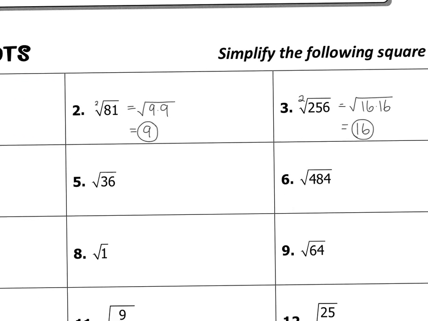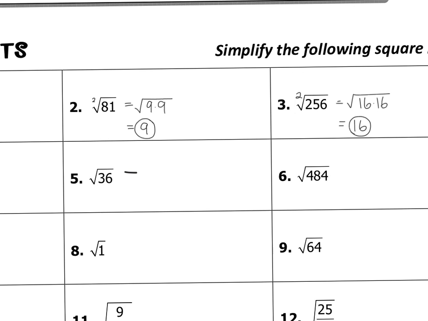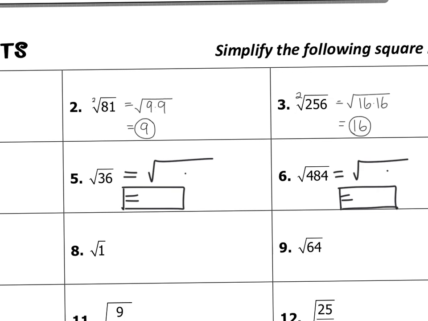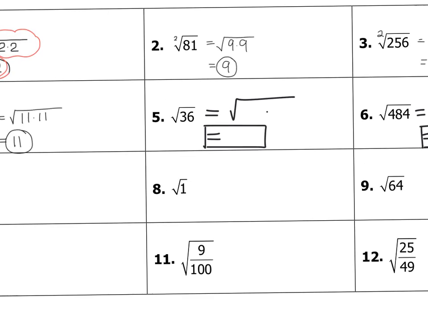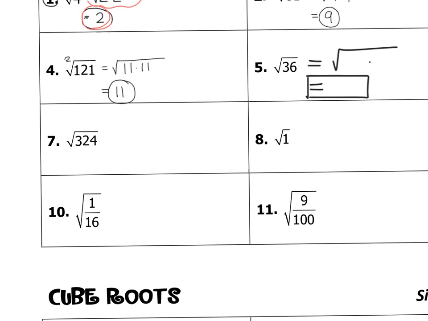So see if you can complete these questions right over here. Indicate what number is being multiplied by itself and find your answer. Same thing for number 7.